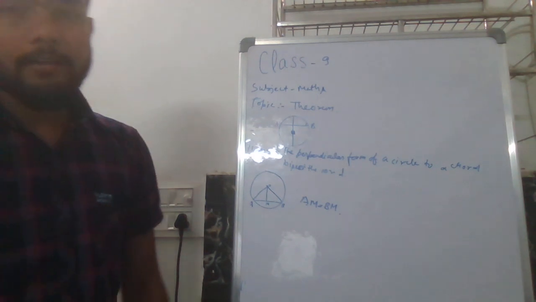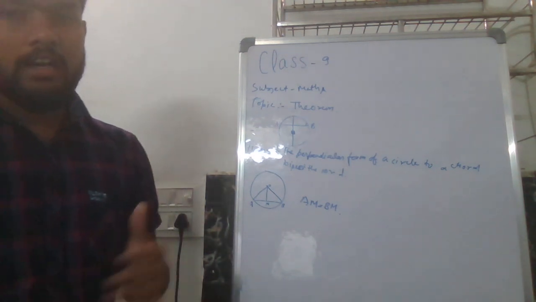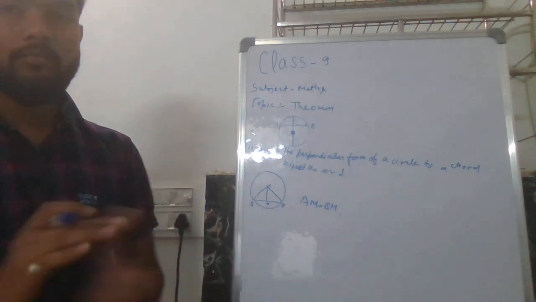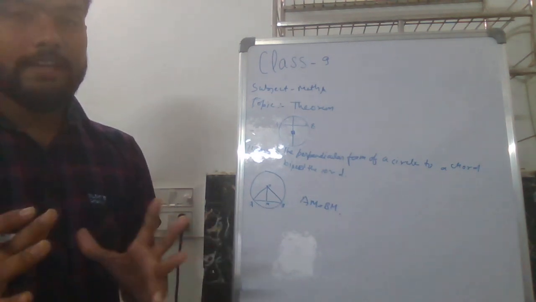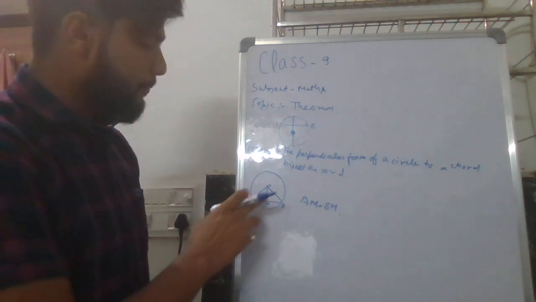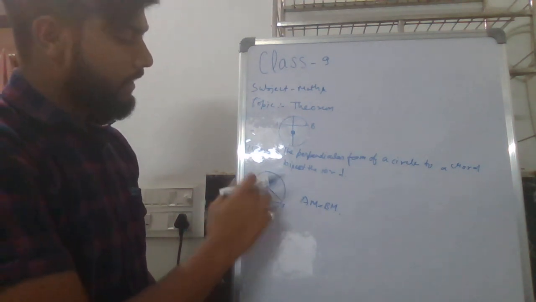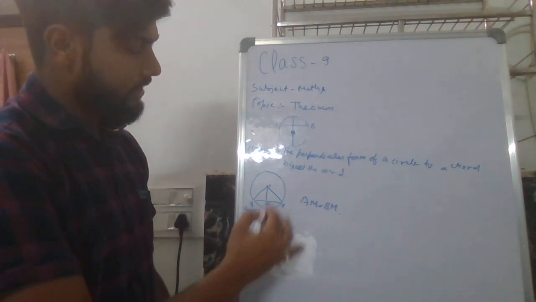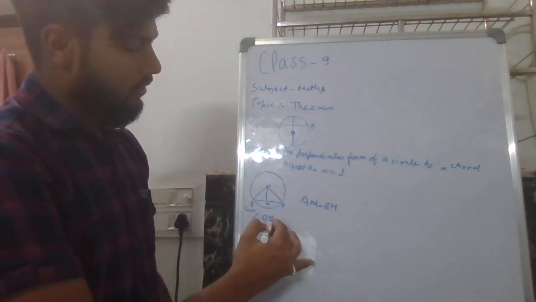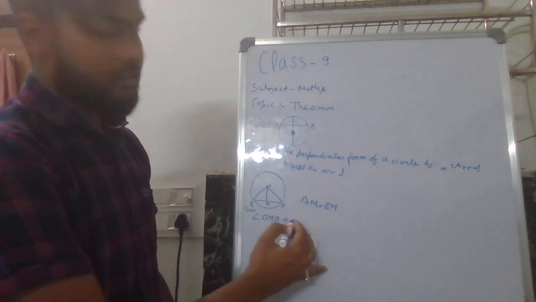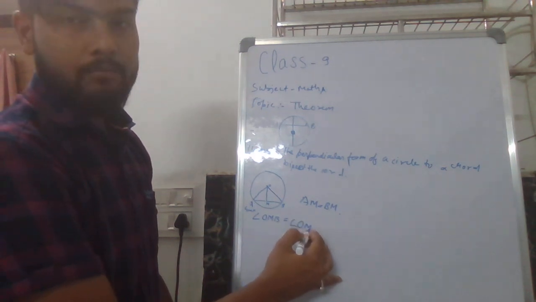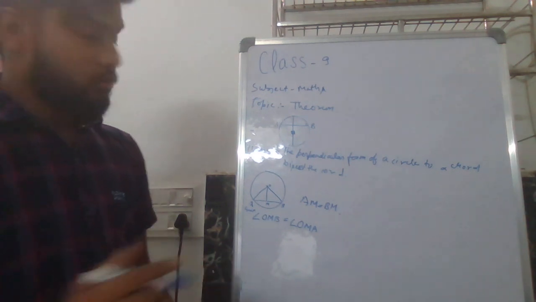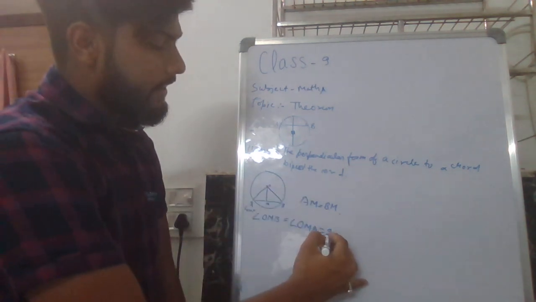What is the information that we can take as given in this theorem? Here we can take triangle OMB as given. So given is triangle OMB equal to triangle OMA, and this will be 90 degrees.